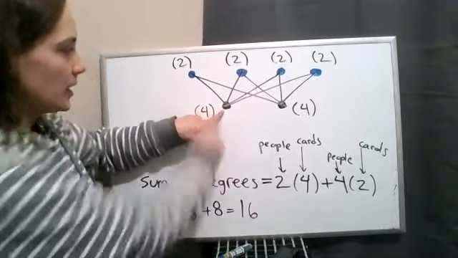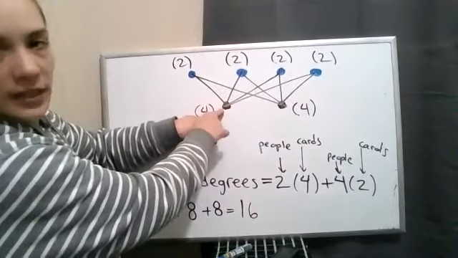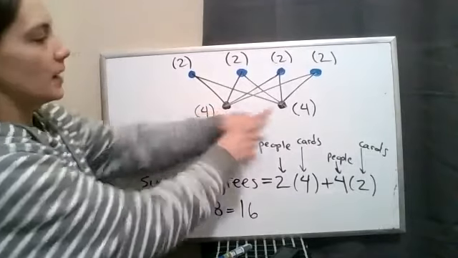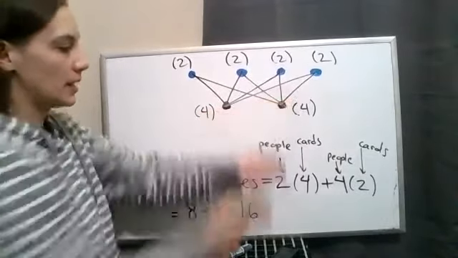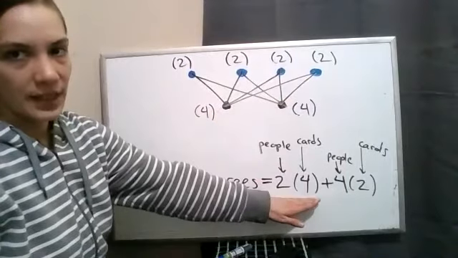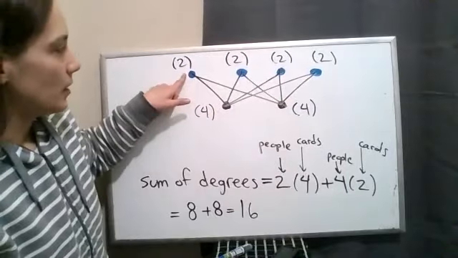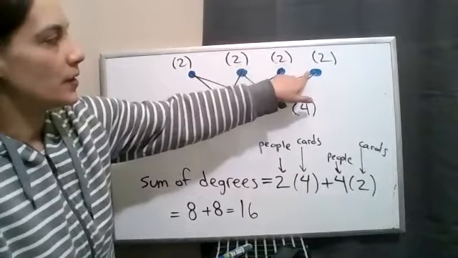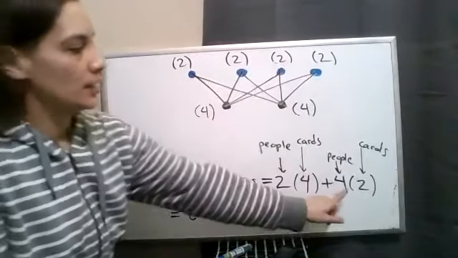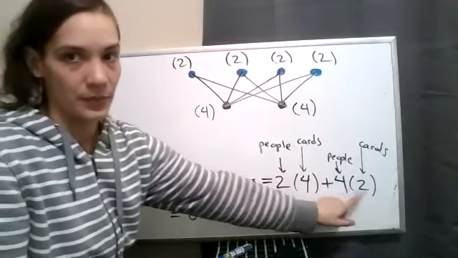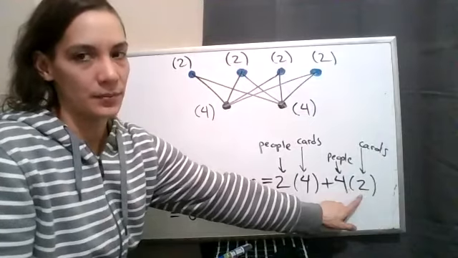So this person has 4 connections, or 1 vertex with degree 4, another vertex with degree 4, and there's our first term. There's 1, 2, 3, 4 vertices with degree 2. That's our 4 people, and then each had degree 2.